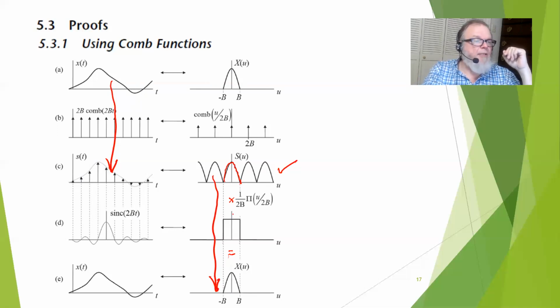Well, if we multiply in the frequency domain, what do we do in the time domain? We convolve, don't we? And just like before, we get this sinc function replicated everywhere there is a delta function. And it's going to be replicated in such a fashion that it has a height equal to the value of the sample at that point.